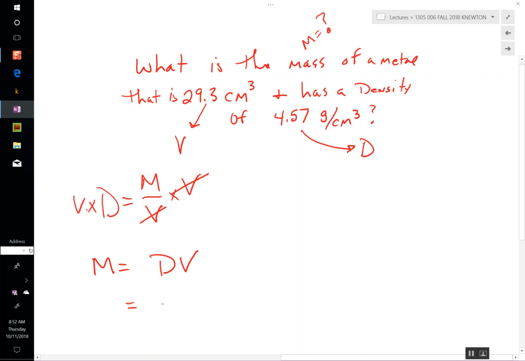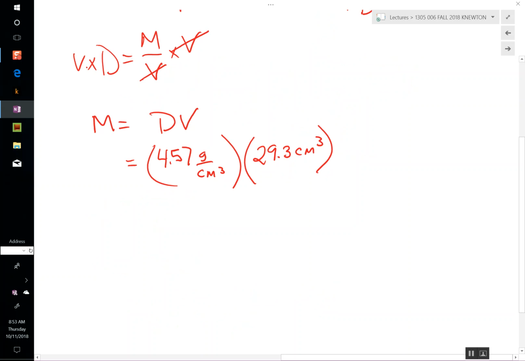So then you have a density of 4.57 grams per cubic centimeter. And you're going to multiply that by 29.3 cubic centimeters. Okay, now the dimensional analysis. What do you have?